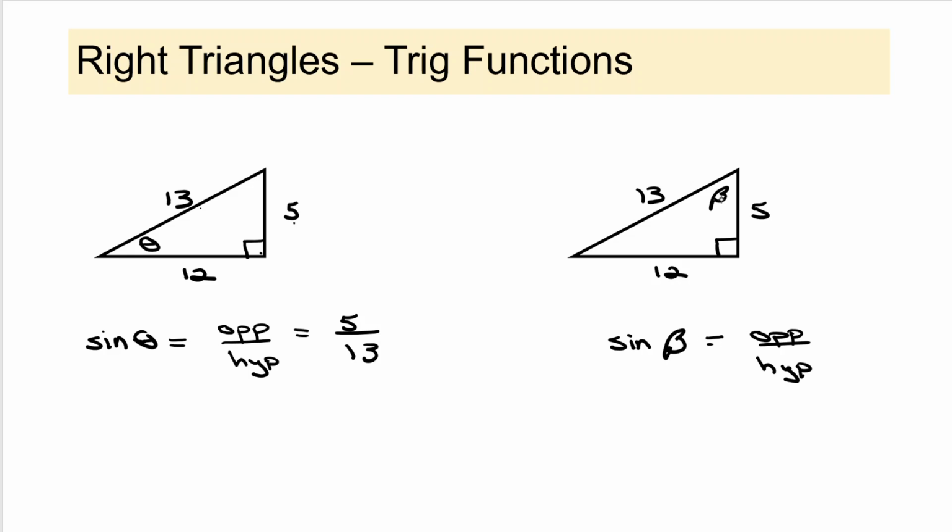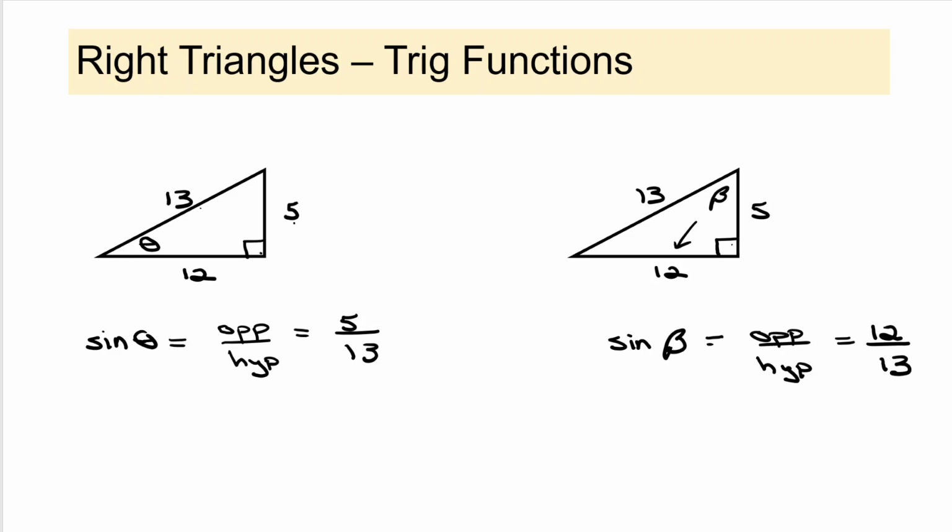If I look opposite beta, that's 12. My hypotenuse is the same because that's opposite the right angle, so that's still 13. But notice, 12 over 13 instead of 5 over 13.